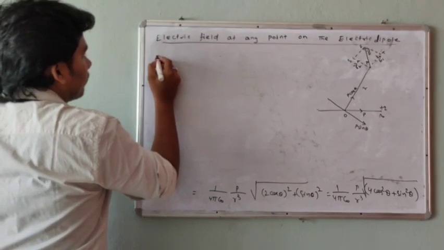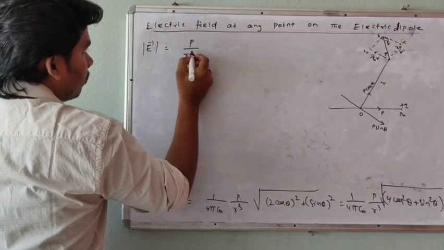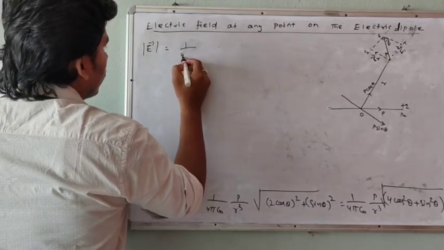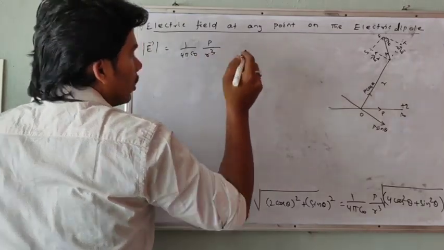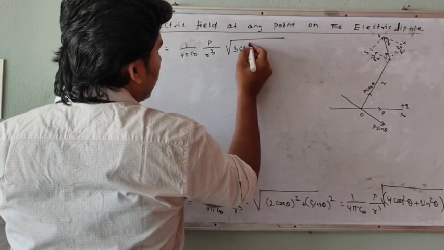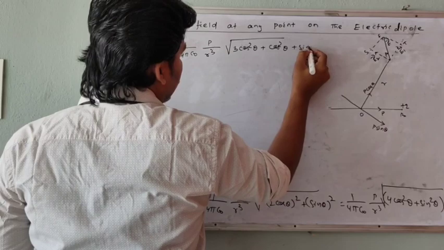This E vector magnitude is equal to 1 by 4 pi epsilon naught P by r cube root over 3 cos squared theta plus cos squared theta plus sin squared theta.